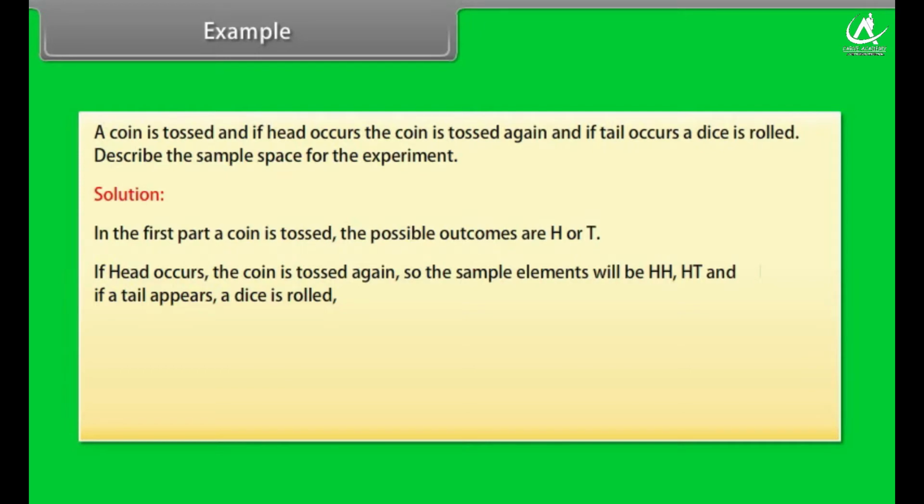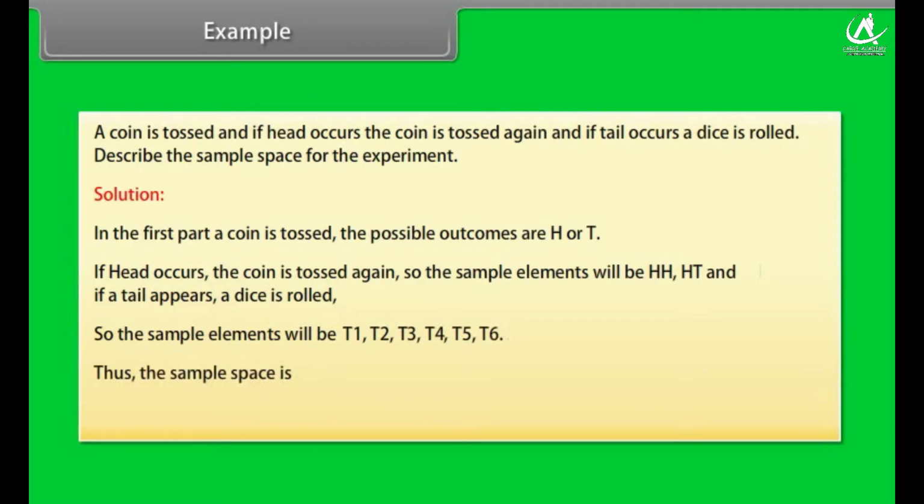So the sample elements will be HH, HT, and if a tail appears, a dice is rolled. So the sample elements will be T1, T2, T3, T4, T5, T6. Thus, the sample space is S = {HH, HT, T1, T2, T3, T4, T5, T6}.